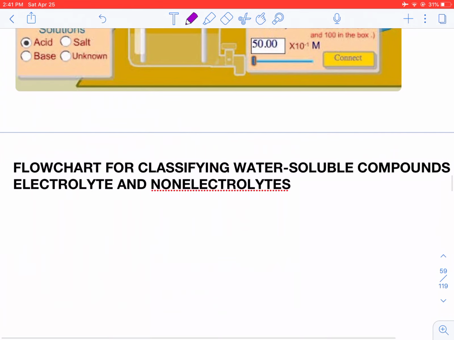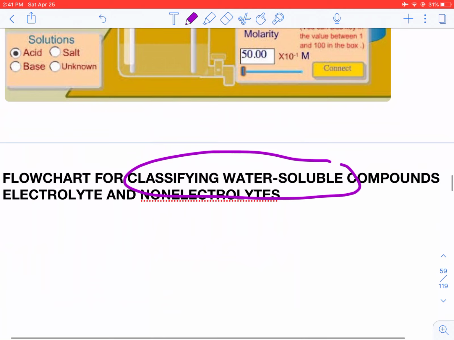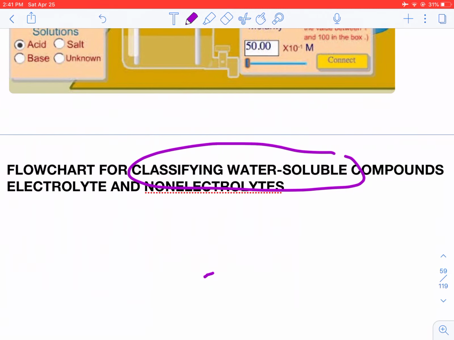Okay, now let's look at the flow chart, right? That looks at when these substances, the water soluble compounds, are electrolytes and non-electrolytes.